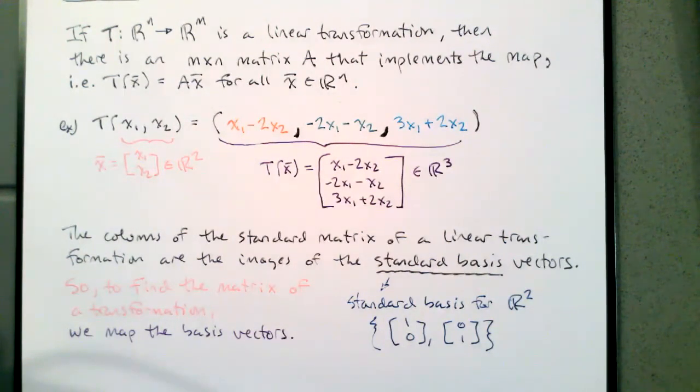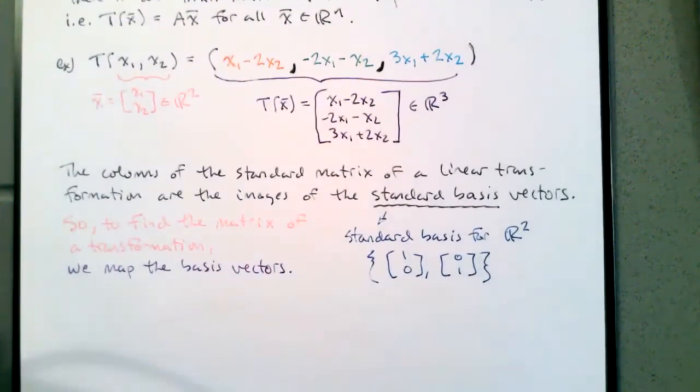I haven't even defined what a basis is, but that's okay. Here's why we like this as a standard basis: it is really easy to write any vector in R2 as a unique linear combination of these two vectors. This is why this is the standard basis.